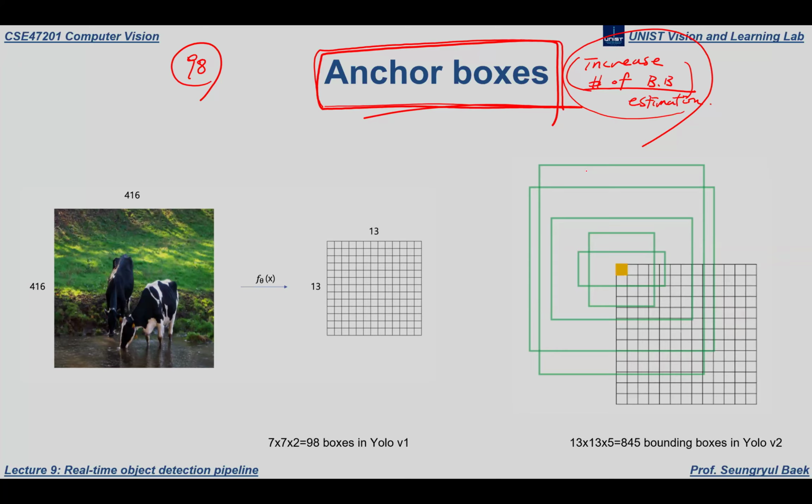Okay, and when they are using 448 by 448 dimensional images as the input to YOLO version 2, their intermediate functions, their convolutional layers and pooling layers, tend to reduce the two-dimensional dimension by a factor of 32.